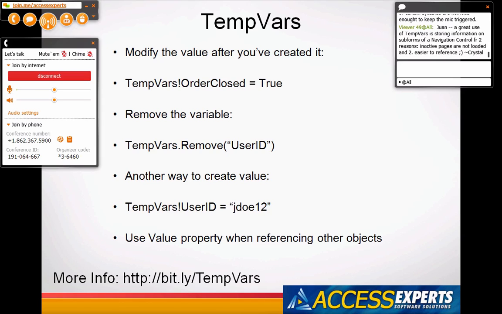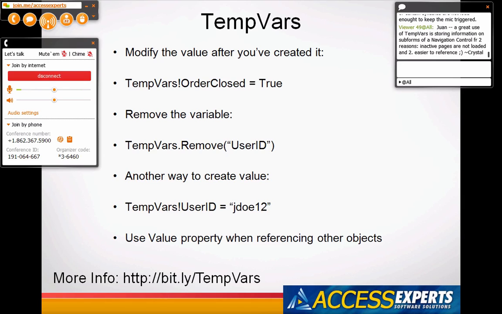All right. So when you modify a TempVar, you want to assign it a value when you start it up. So in this case, you want TempVars bang order close. Now order close is a variable I created with the TempVar, and I use a Boolean value there, true.